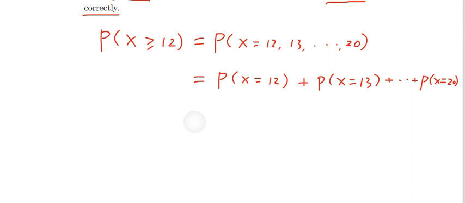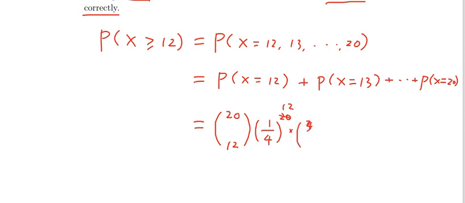Let's say X equals 12: from 20 questions pick 12 questions, and for those 12 questions answer correctly. The probability of a correct answer is 1/4, happening 12 times, and the other one is 3/4, happening 8 times.